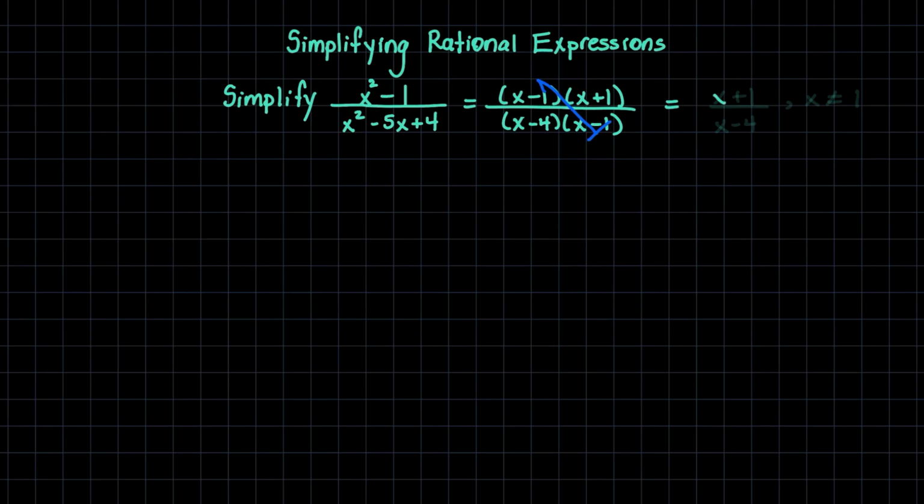So we're left with x plus 1 all over x minus 4, both of which are prime, so we can't factor them. Acknowledging that x cannot equal +1 because 1 would have made the denominator 0 before our common factors simplified to 1.